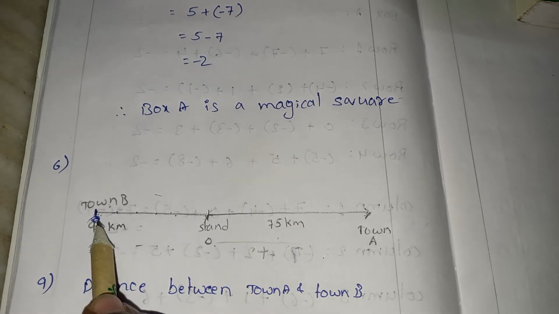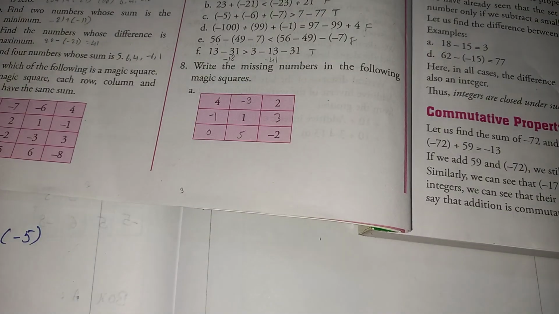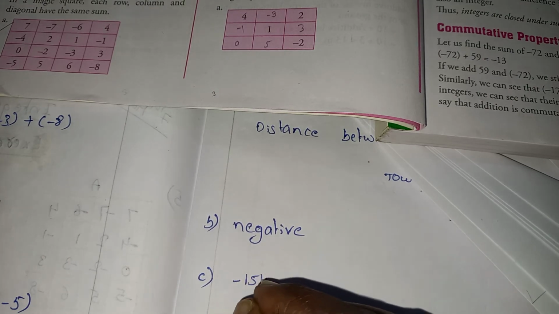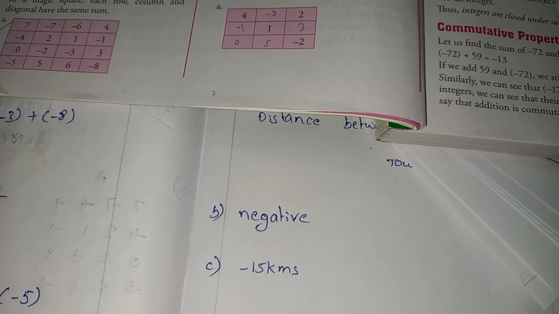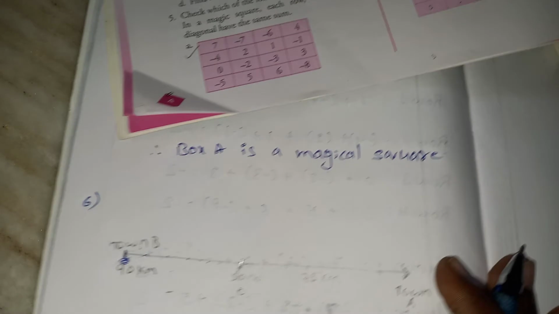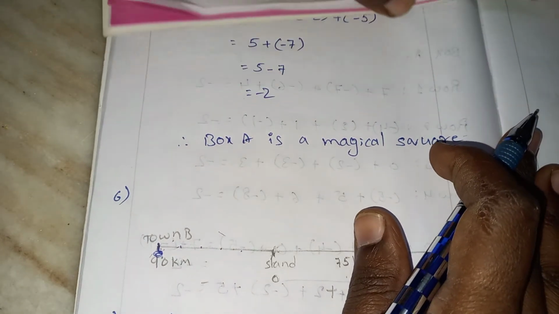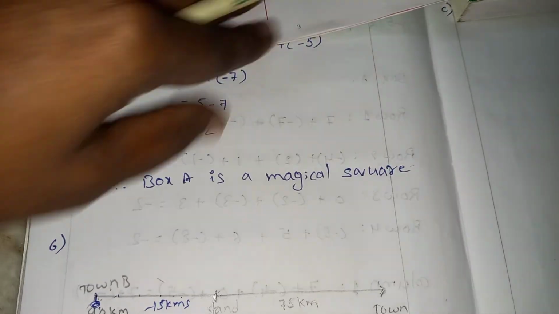Okay, from here to here we know 15 kilometers. How we will mention? Because this side is a negative side, no? We'll mention through negative sign, minus 15 kilometers. Right? Understand or not? 0 to town B, 15 kilometers. And this side is negative side. So that is the reason we mentioned minus 15 kilometers. Okay.